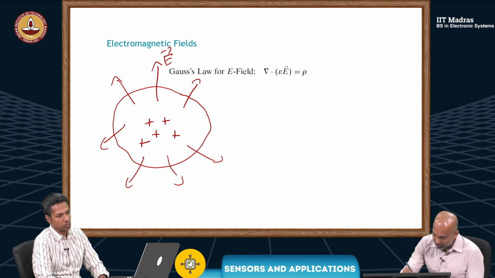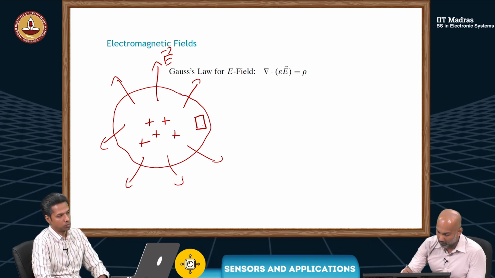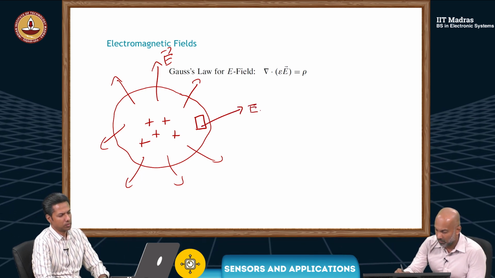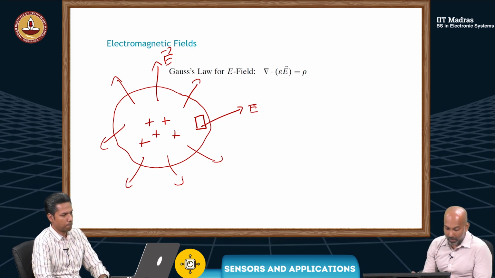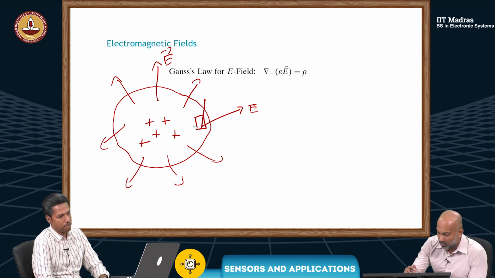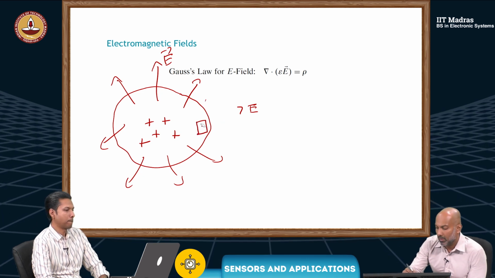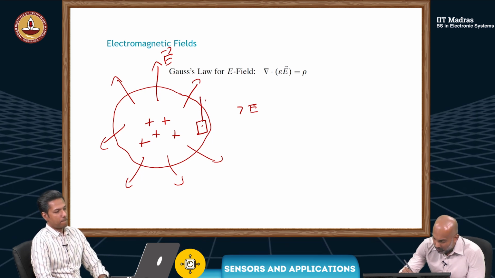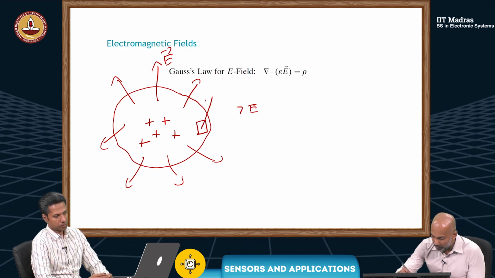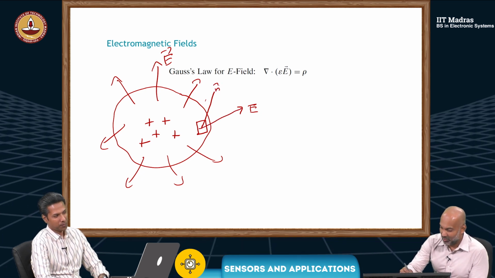Now, if you take a small surface, a unit surface, and you have an electric field E here. Now, the unit normal vector to this surface, I'm drawing something normal to this surface. And you have an electric field here, and this is your unit vector.